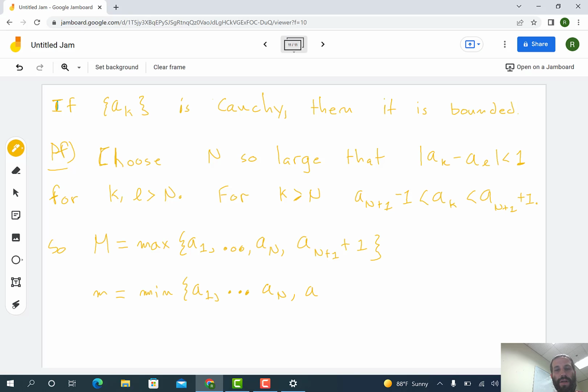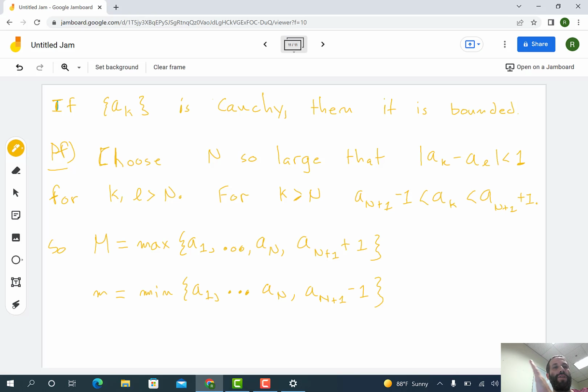Except it has to be a_{n+1} minus 1 because that's the lower bound for the tail end. Okay, so in other words, I'm going to look at the maximum of the front part of the sequence, and then a_{n+1} plus 1.